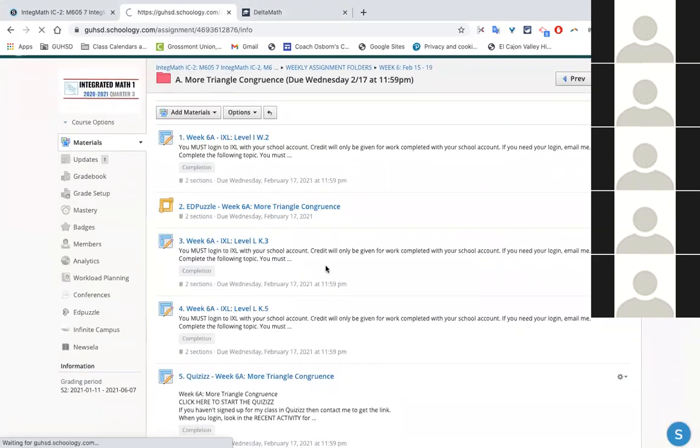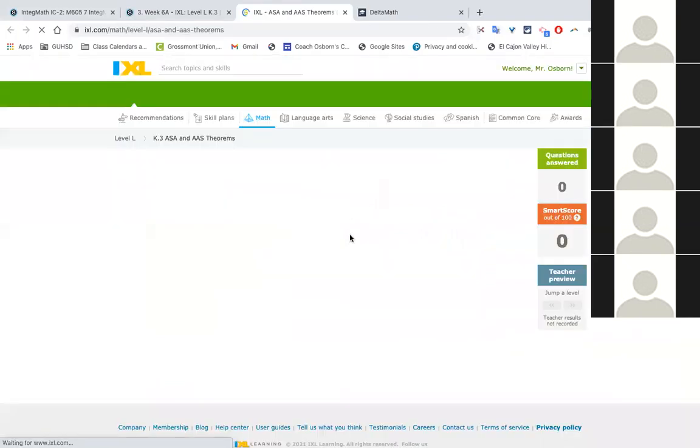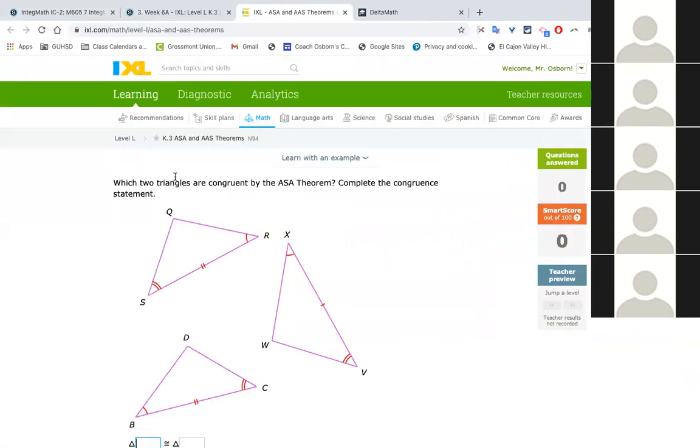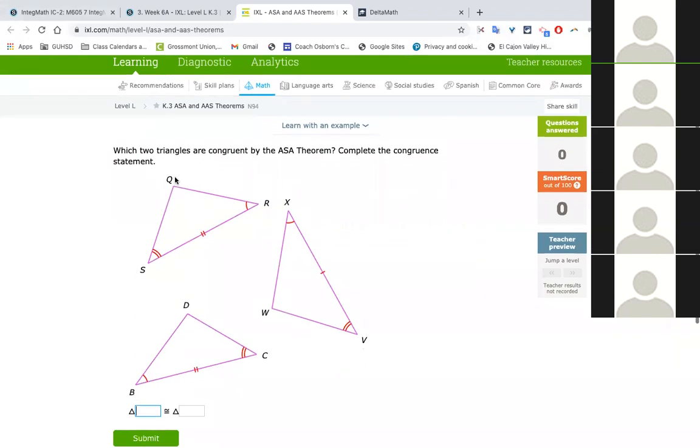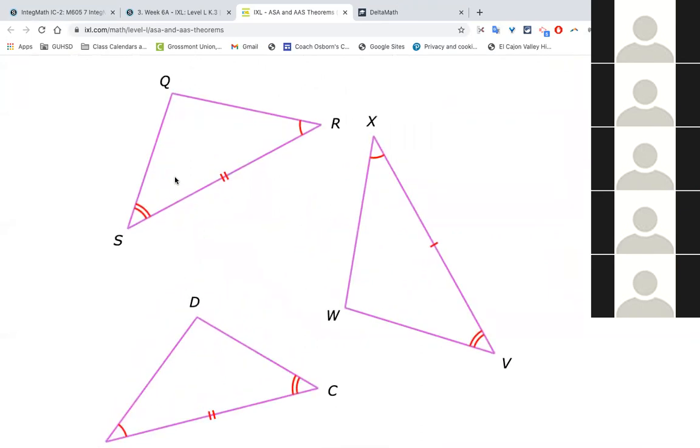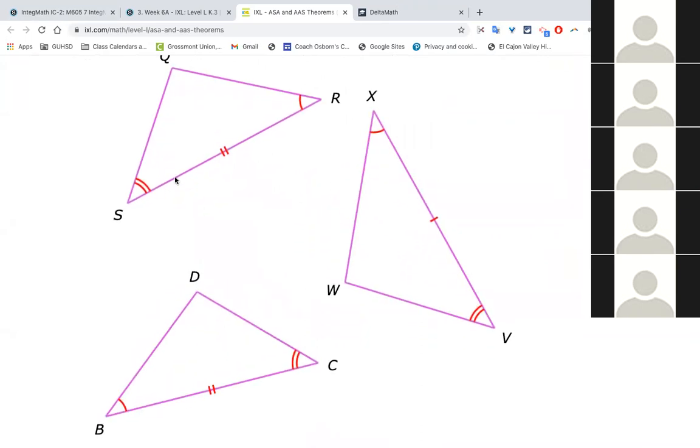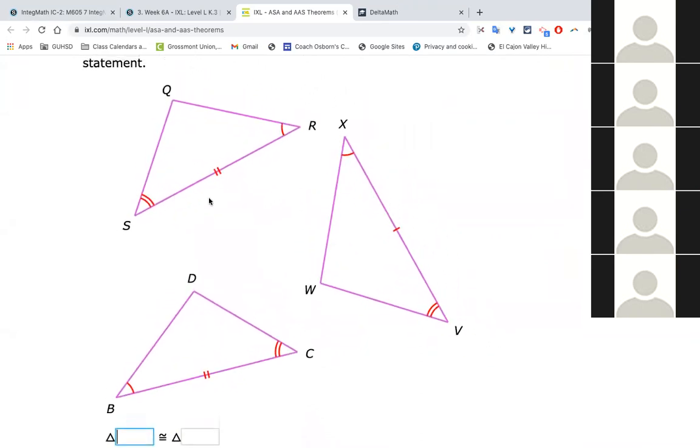So here, you'll look at something like that. You're going to get three triangles, and it's going to ask you which two of them are actually congruent. So which ones match? First you got to decide which ones match.